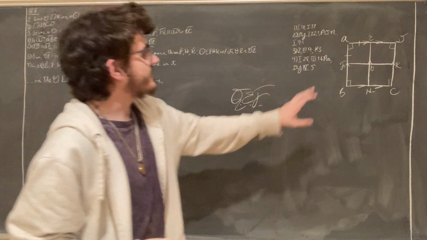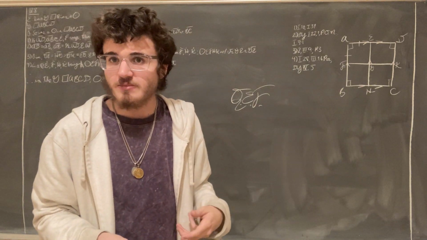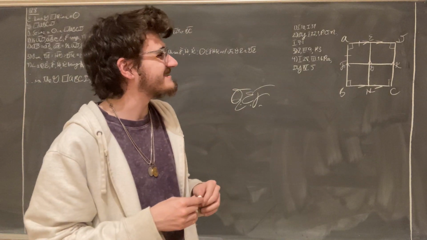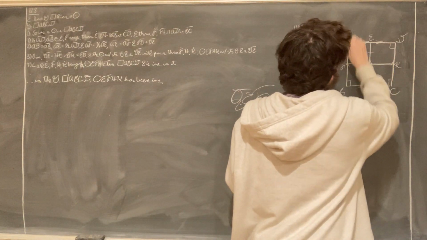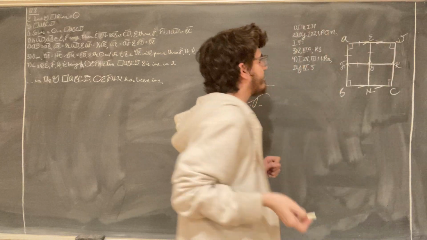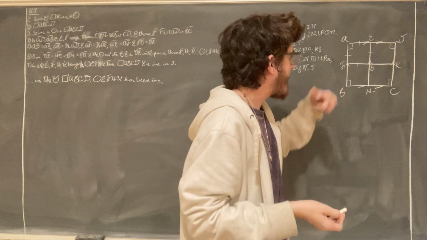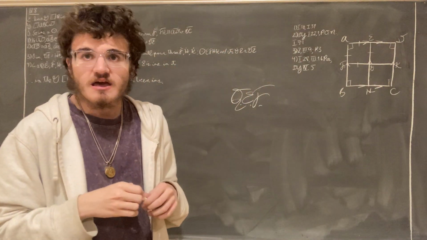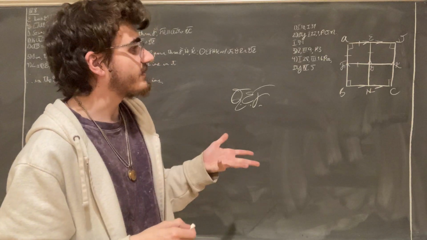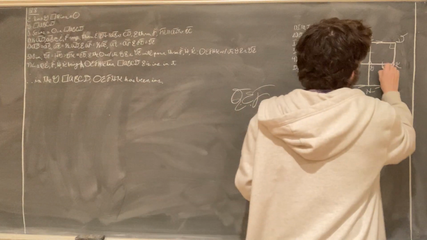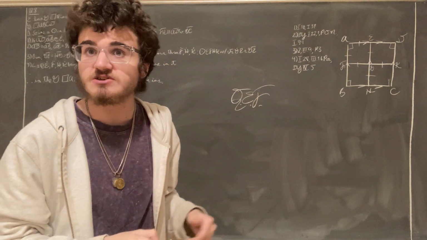Now, knowing that the figure right here, AG, is a parallelogram, we know by proposition 1.34 that its opposite sides will be equal, so that EG is equal to AF and AE is equal to FG, which means that ultimately by common notion 1, we can say that EG and FG will be equal to each other. Now we can prove in a similar manner that the other straight lines coming from the point G will be equal. So that means that EG, FG, HG, and KG will all be equal to each other.